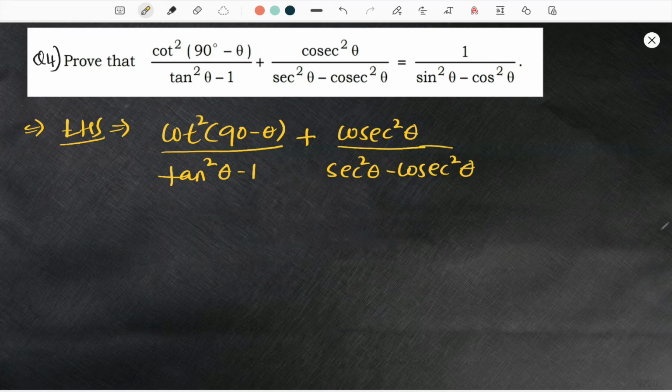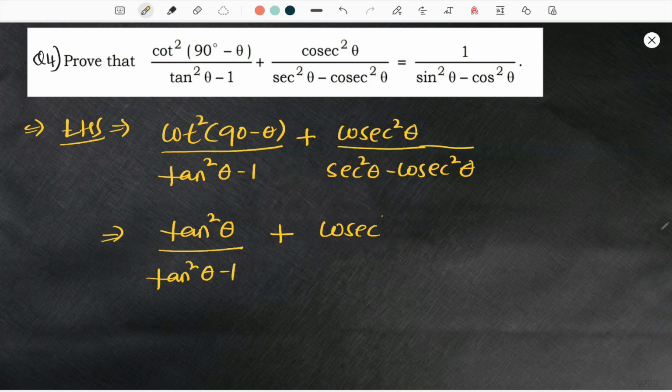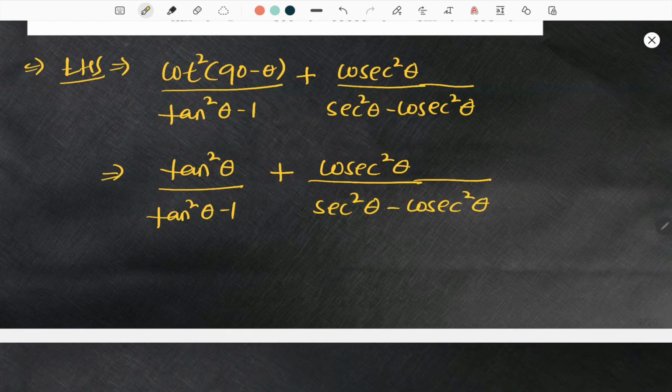Okay, so this is the given data. Now cot of 90 minus theta, I already told you, is tan theta. If square is there, it becomes tan square theta. Quite a simple thing. So cot square 90 minus theta means tan square theta, divided by tan square theta minus 1, plus as usual cosecant square theta divided by secant square theta minus cosecant square theta. Let us do everything step by step so that we reach the answer very soon.